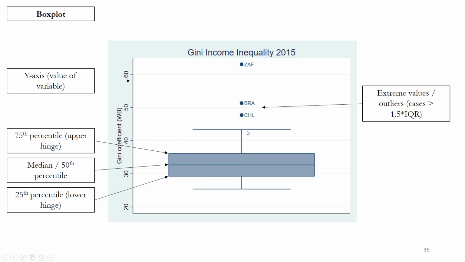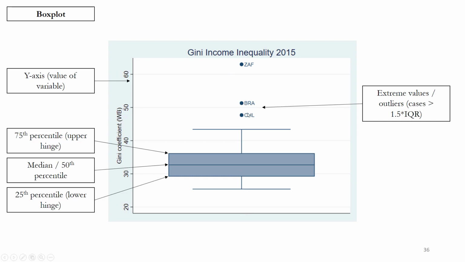Now there's a couple of other things which are useful about a box plot. With a small data set like this, and again this is using country level data, it allows us to identify outliers. So these are cases with extreme values. You'll see them as dots either falling to the top of the graph if they represent extremely high values, or to the bottom of the graph if they represent extremely low values.